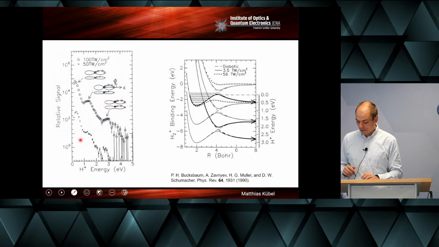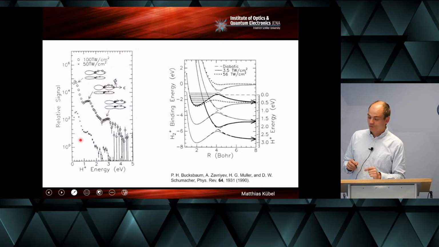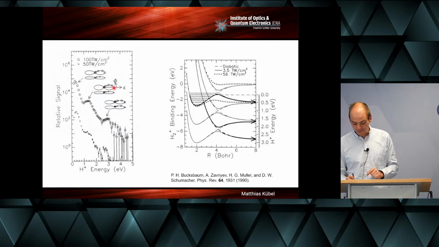A next step, which also leads us to the discussion about rotational dynamics of molecules, is to look into the angular dependence of the dissociation process. This is basically a polar plot of the dissociation probability, or of the proton yield, as a function of angle.